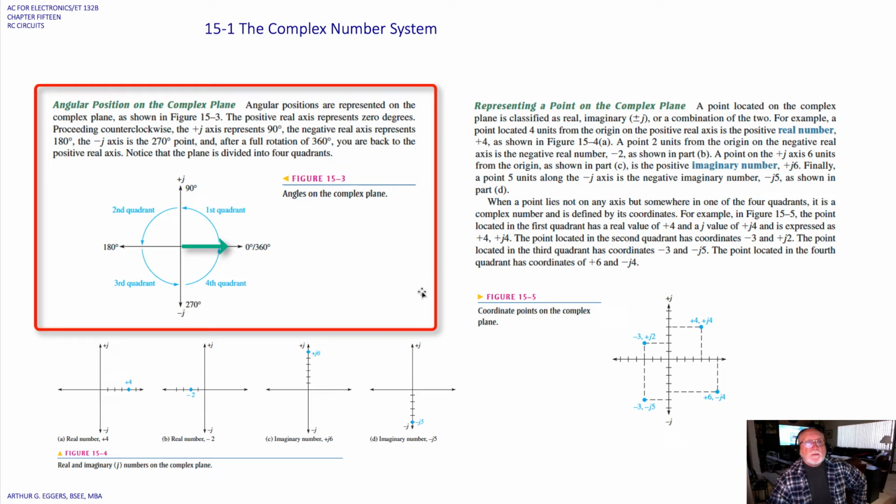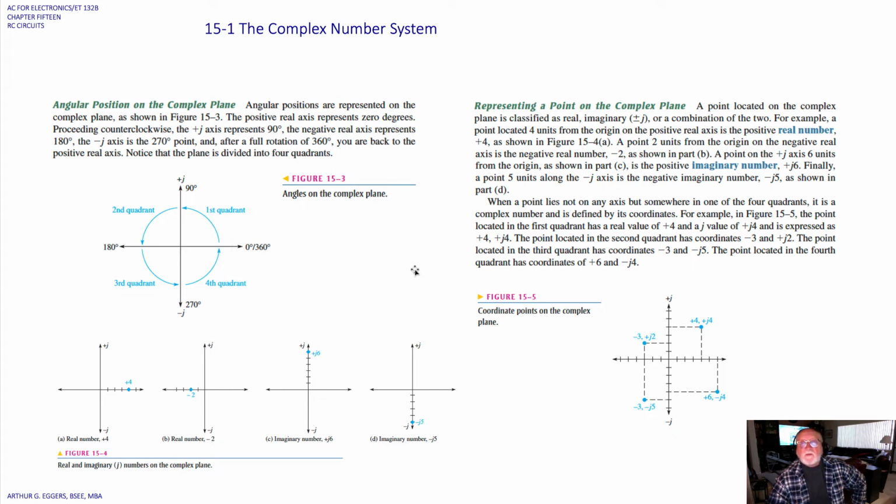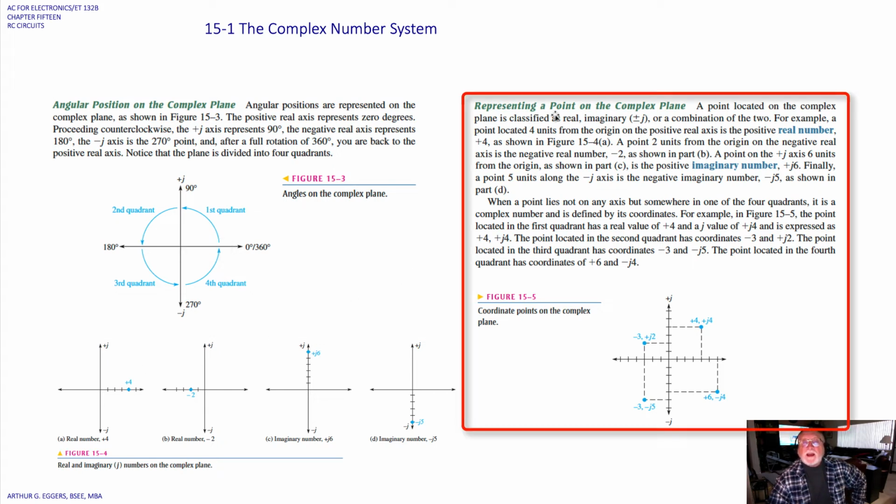So notice that the plane is divided into those four quadrants. Representing a point on a complex plane, right now we're not going to make the line, which really becomes the hypotenuse of our triangle, or our vector or phasor. We're just going to look at the points here.